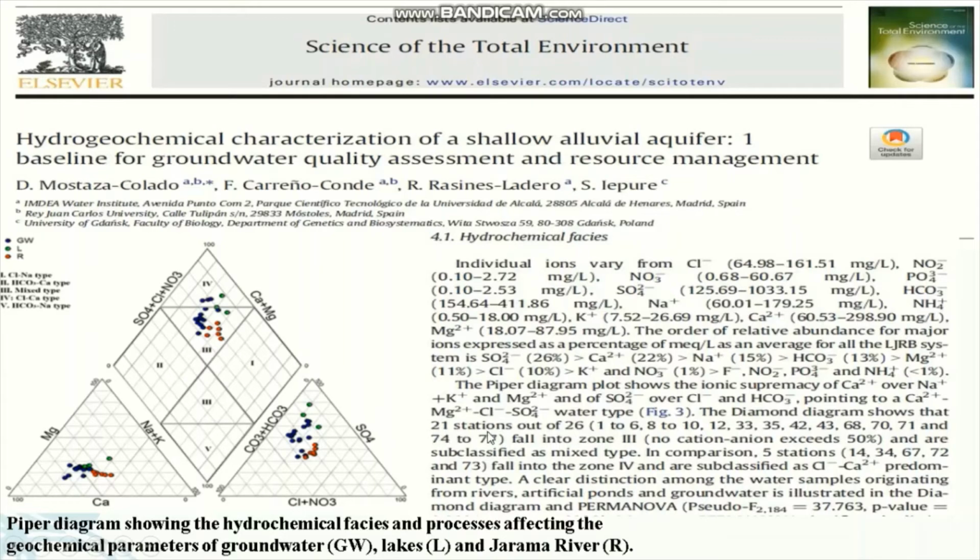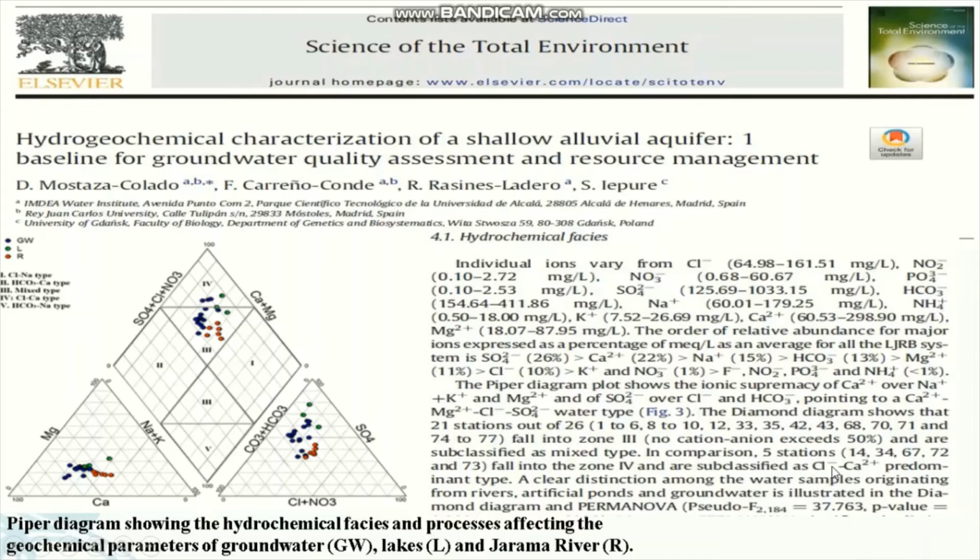What is it telling? 21 stations out of 26 fall into zone 3, which denotes no cation or anion exceeds 50% and are subclassified as mixed type, which is here. So subclassified as mixed zone.